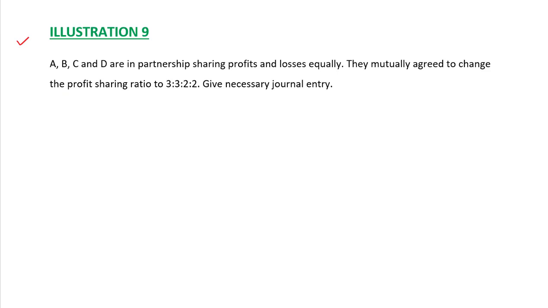Next question, illustration 9. A, B, C and D are in partnership sharing profits and losses equally. They mutually agreed to change the profit sharing ratio to 3:3:2:2. Give necessary journal entry. So change in profit sharing ratio. Solution.